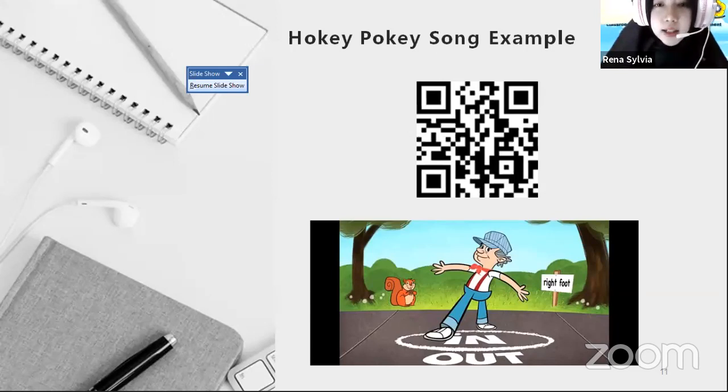Here it contains scaffolding instruction by making the children imitate what the cartoon model shows.